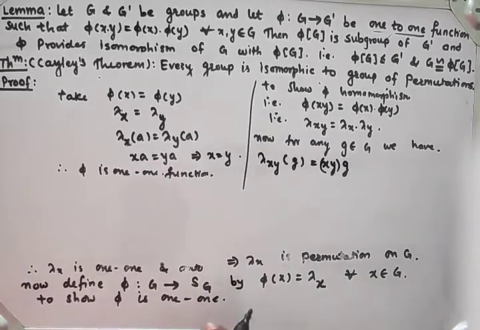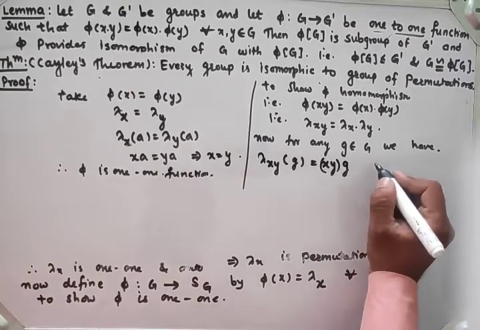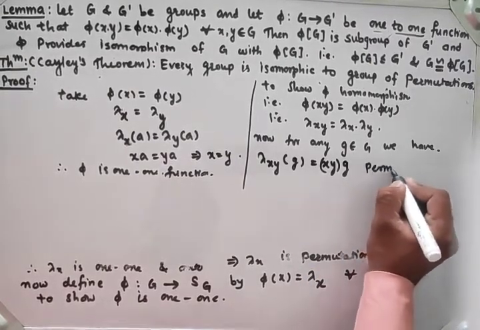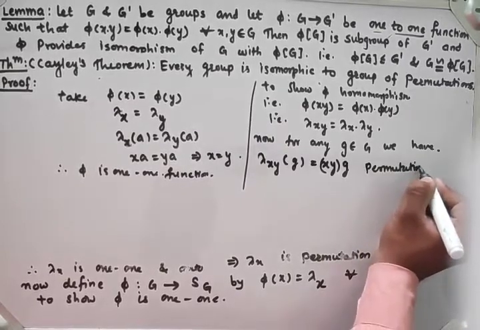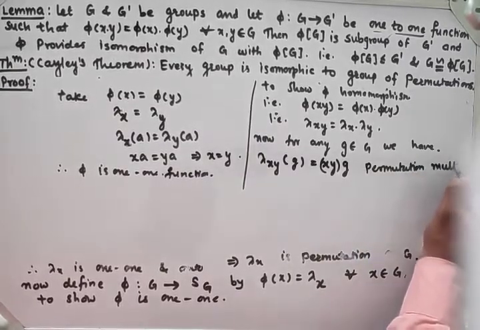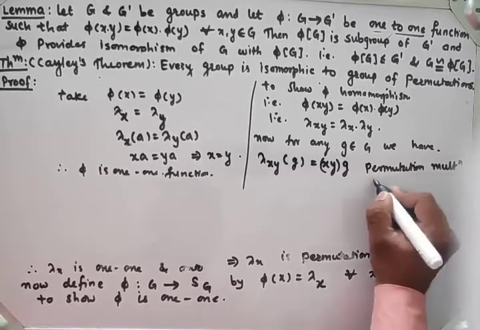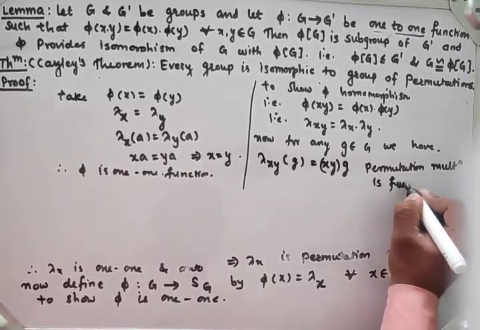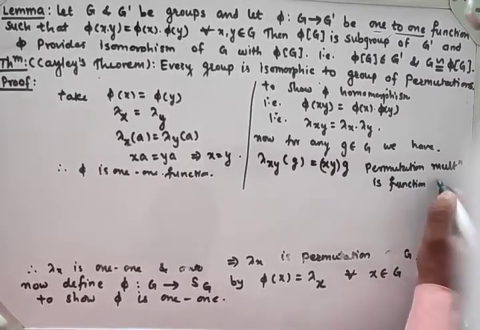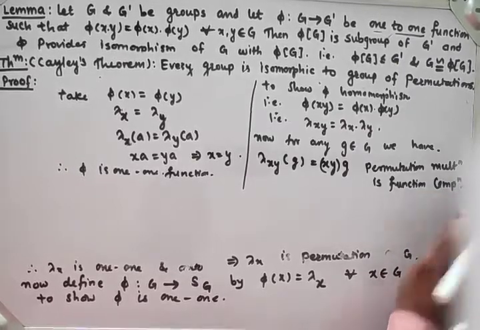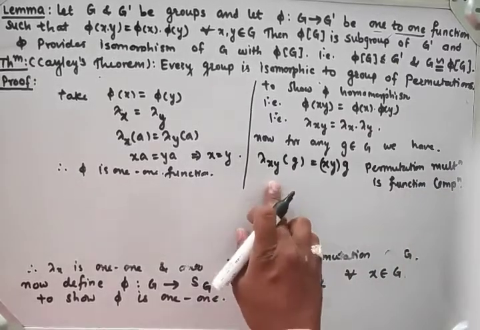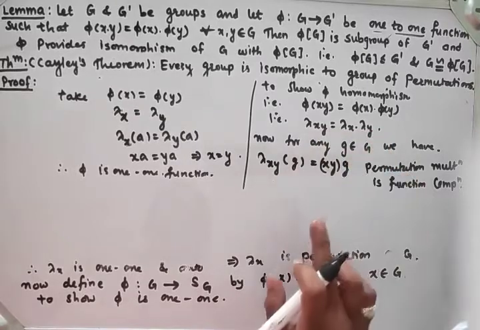So permutation multiplication is function composition. Now we have to show that left hand side and right hand side will be equal, right?